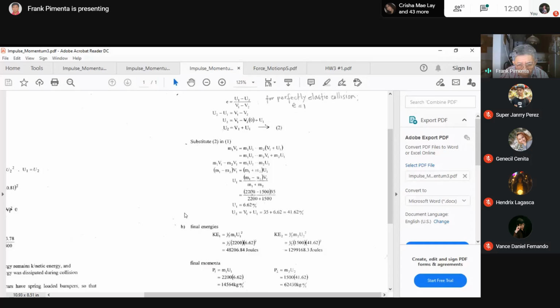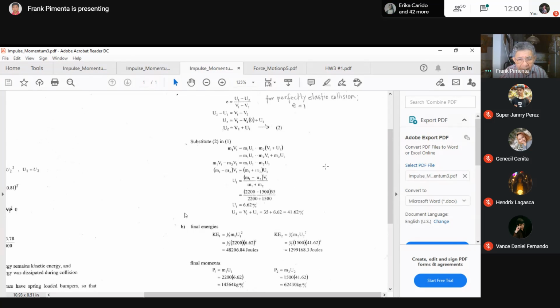M1 is 2,200, M2 is 1,500, times the initial velocity 35, divided by M1, 2,200 plus 1,500. So we have U sub 1 equal to 6.62 meters per second. So that is U sub 1.